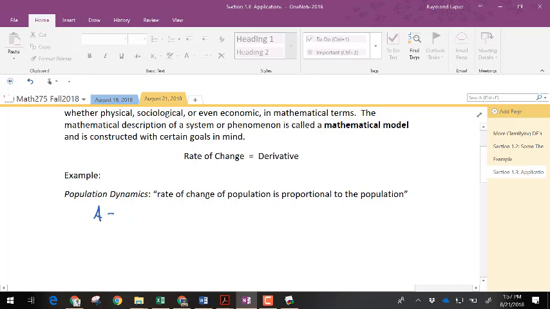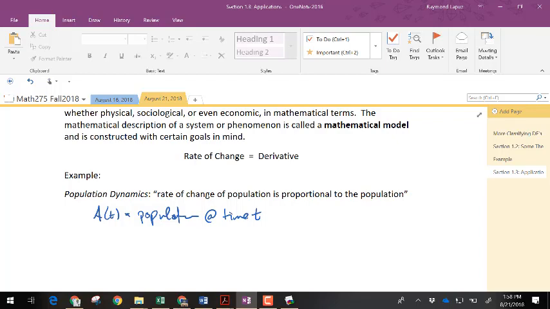Actually, let's be more specific and define the independent variable as well. Let A of t equal the population at time t. So now what you're saying is that I want to call my solution, the thing that I'm looking for, A of t. Okay?